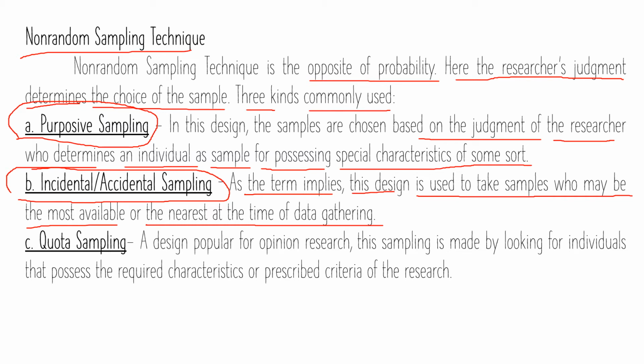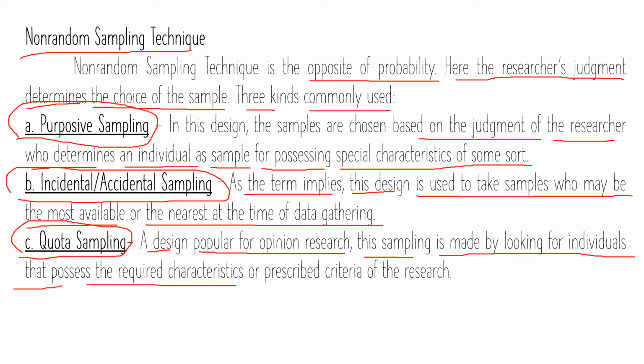Next, for your quota sampling, a design popular for opinion research, this sampling is made by looking for individuals that possess the required characteristics or prescribed criteria of the research. Quota sampling is another technique under non-probability sampling in which researchers create a sample involving individuals that represent a population.